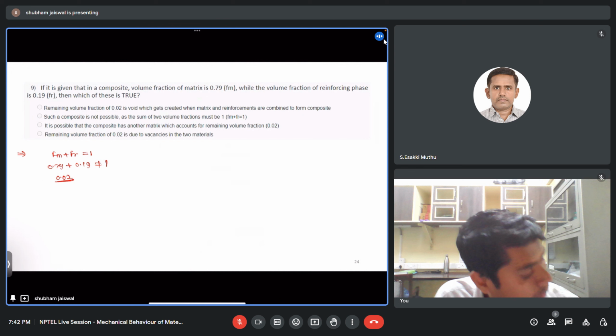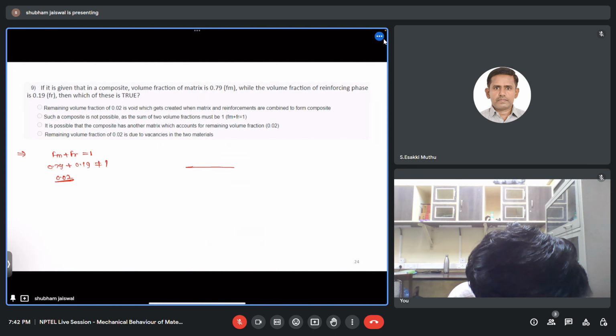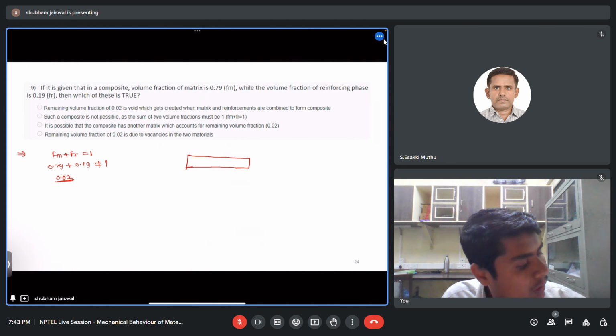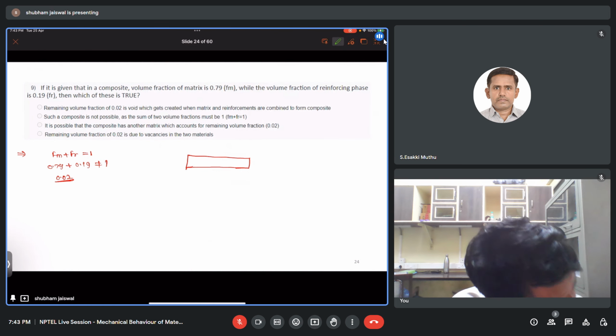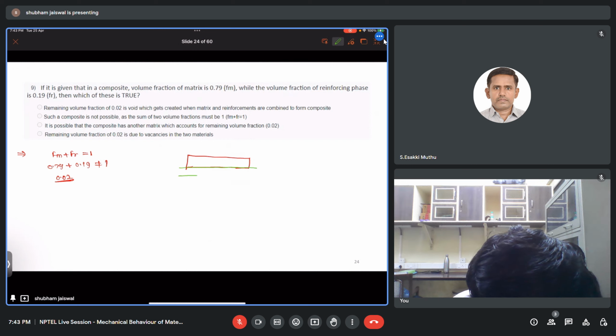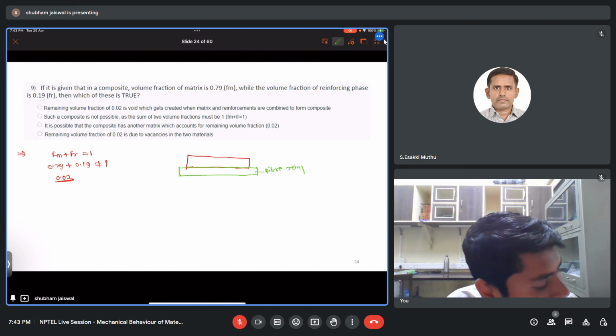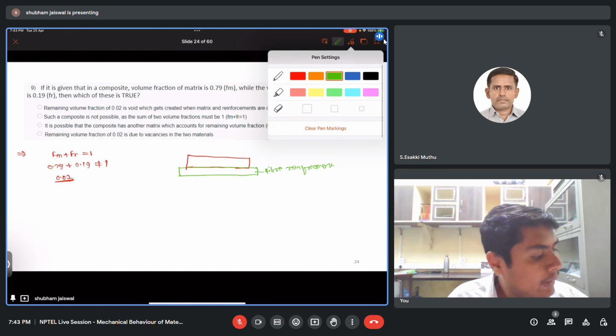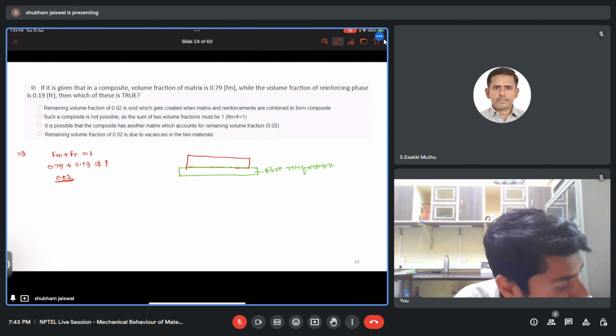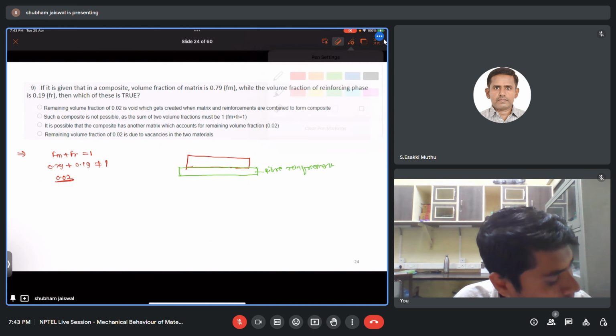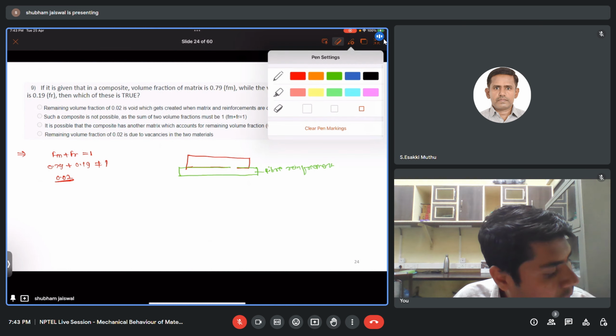So if you see the matrix, let's say this is my matrix, and let's say this is my fiber. I am considering the case of fiber, or reinforcement. Suppose the bonding between them is not good. What will happen?